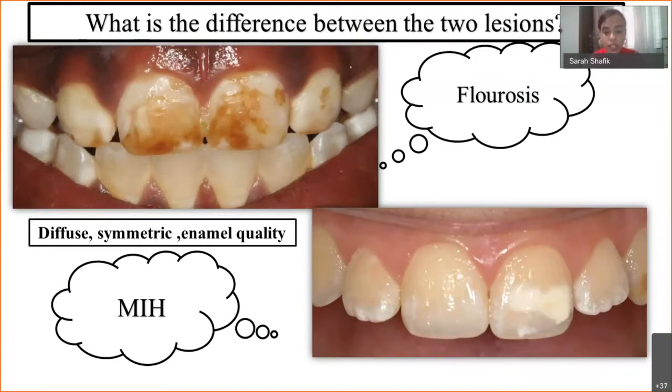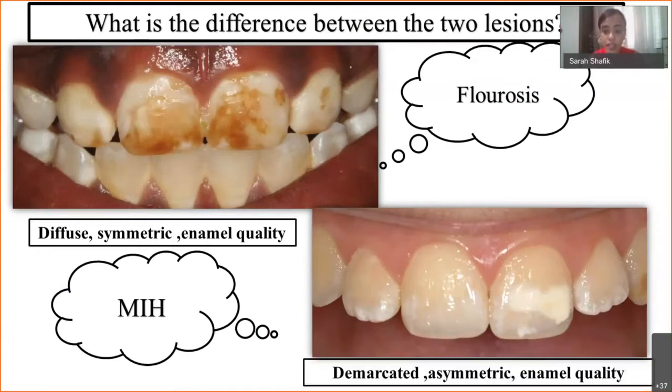As for MIH, it's a very demarcated lesion. We can see the boundaries of the lesion quite well. It's asymmetric, so it doesn't have to occur in both centrals the same as in this photo. And again, it's enamel quality. So fluorosis and MIH both have a problem with the enamel quality.